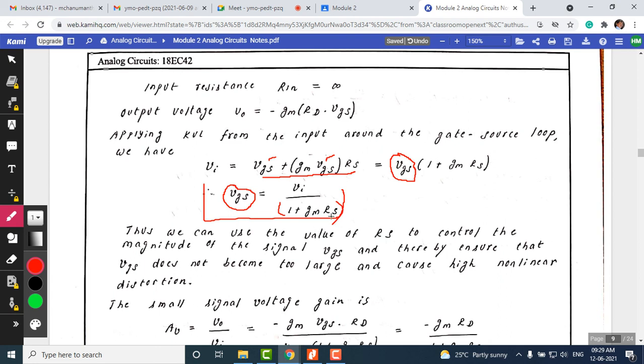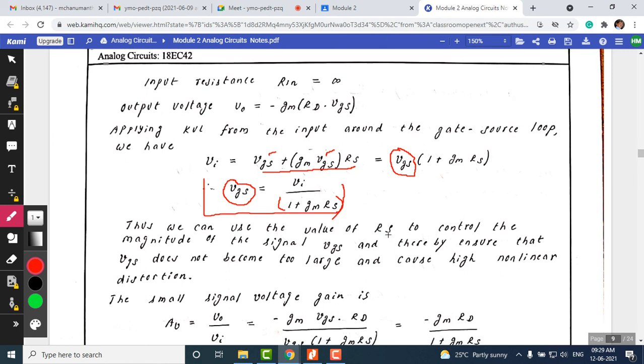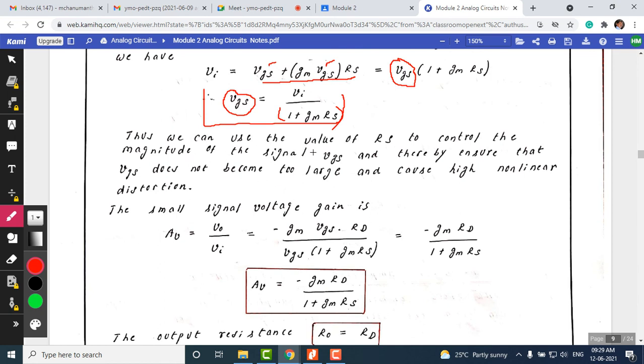Even though the input signal drops and our overall voltage gain also drops, on the other side you get a benefit: the circuit compensates for MOSFET parameter change. That's the advantage we gain from this.